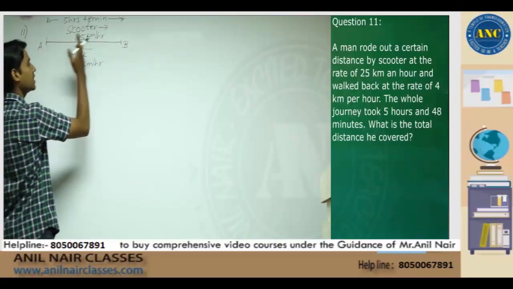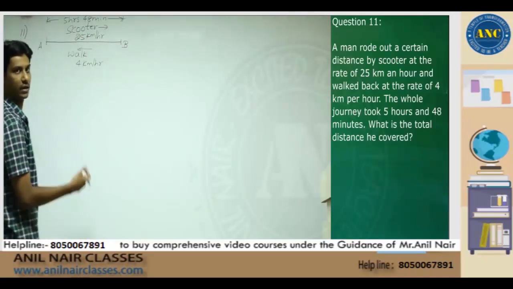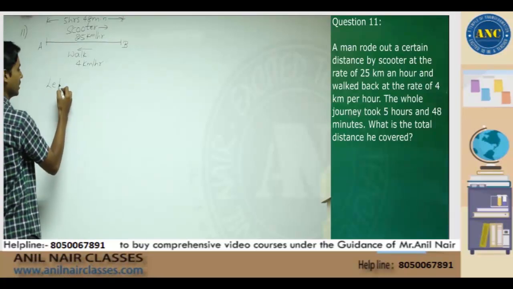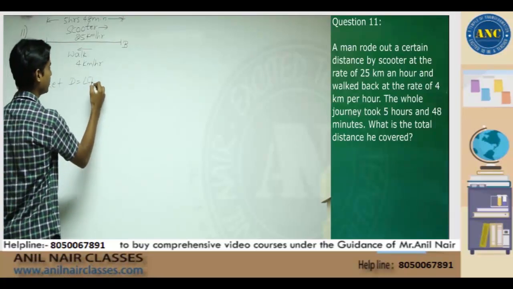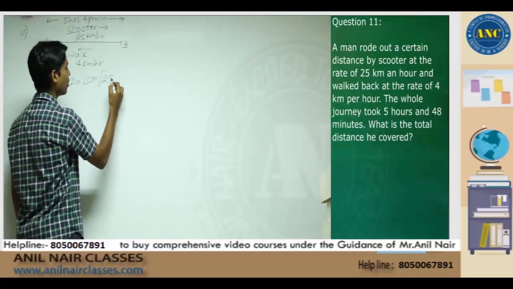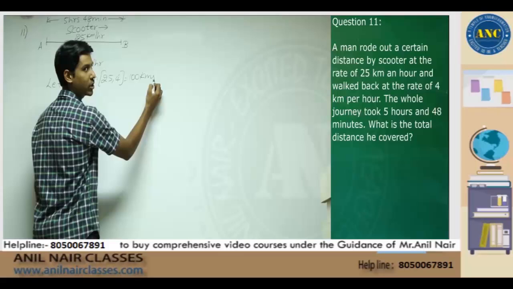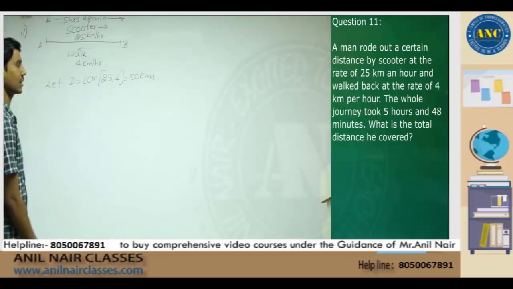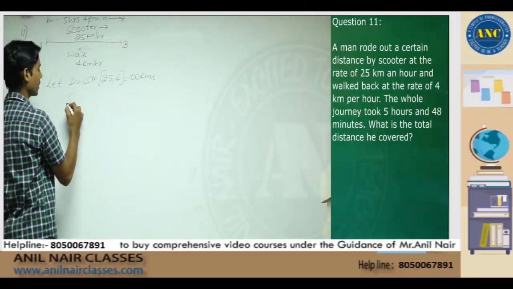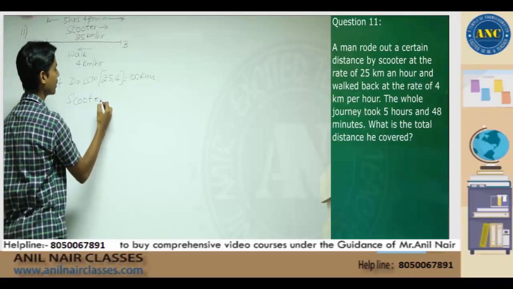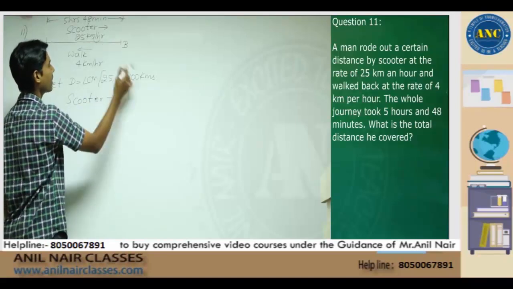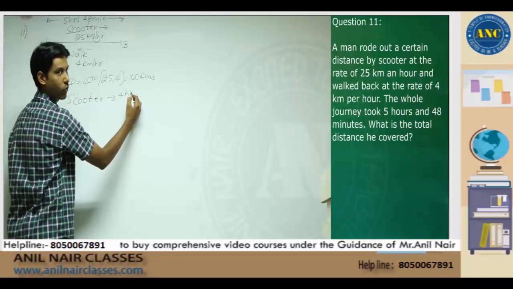Same approach. The distance between A and B is a constant, right? Because it is a constant, I will assume it as the LCM of the given speeds. LCM of 25 and 4 is 100. I am assuming the distance as 100 kilometers. By scooter, in 1 hour he will cover 25 kilometers, so to cover 100 kilometers he will take 4 hours.